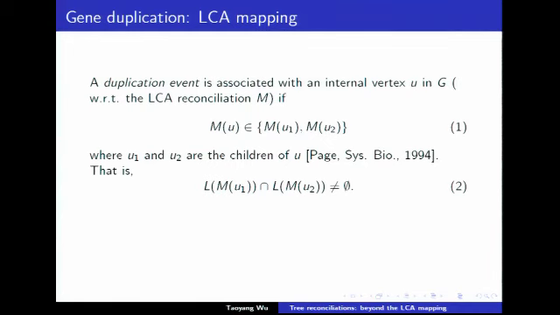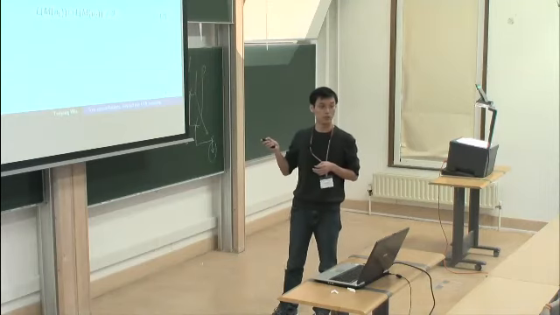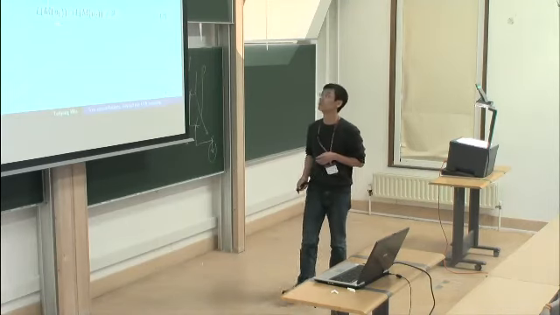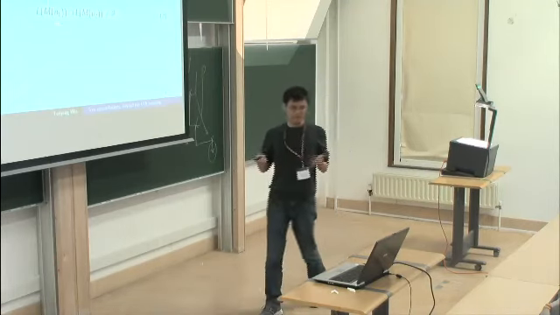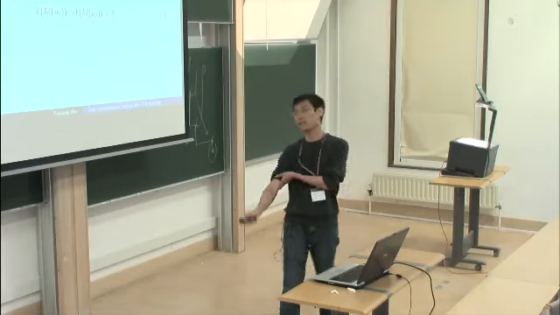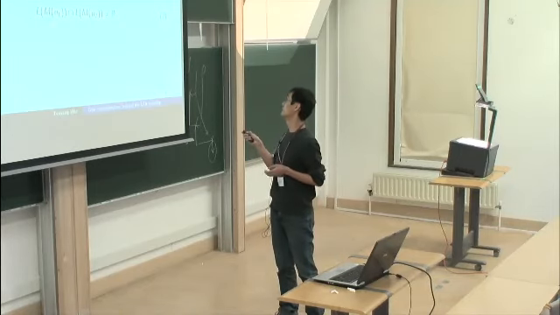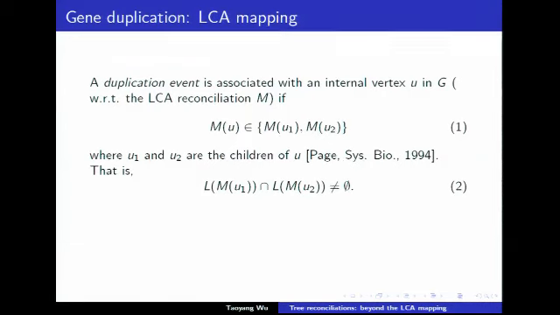We say there is a cost on an internal vertex U in G if and only if the LCA map MU is equal to MU1 or equal to MU2, where U1 and U2 are the children of U. With a slight modification, we can think of the condition as: the cluster associated to MU1 and the cluster associated to MU2 intersect.